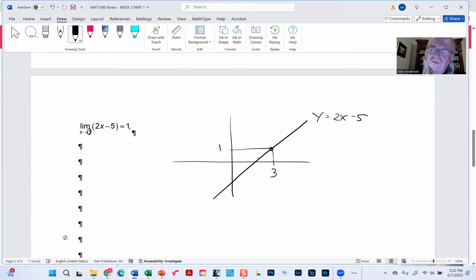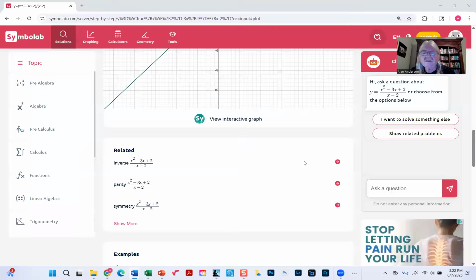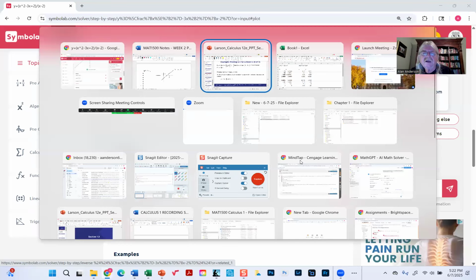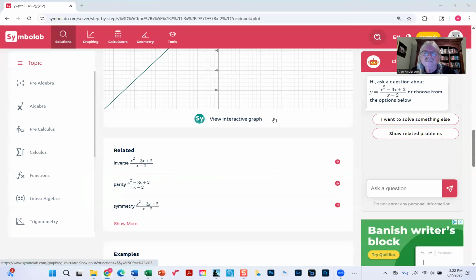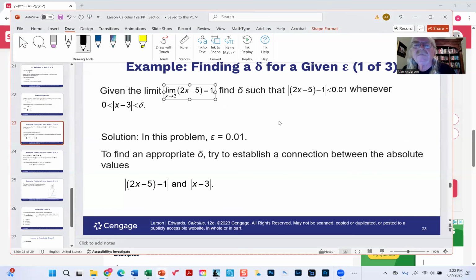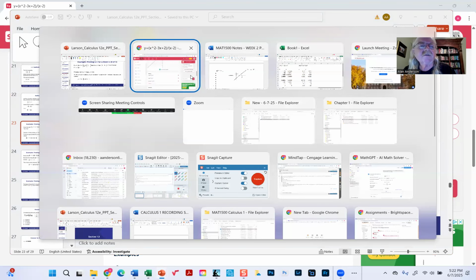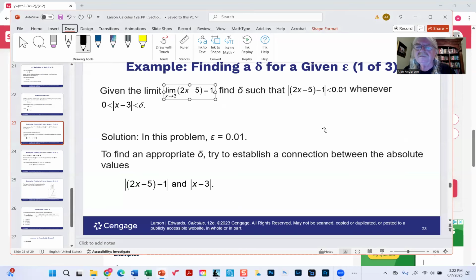So what they're saying is, we know this limit is 1. But according to this definition, how can we prove it? Well, let's just say they want us to show that they picked an epsilon of 1. It could be any small number. So remember, let me go get a copy of this graph so we don't have to keep going back and forth.